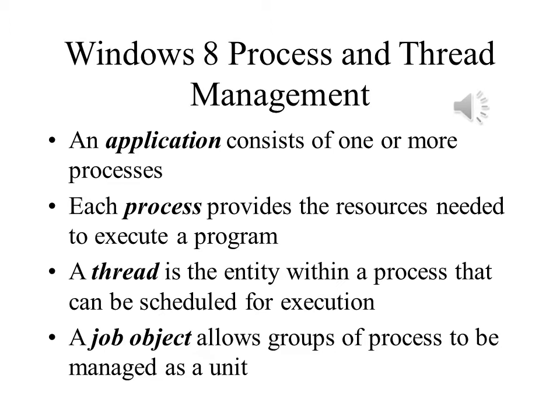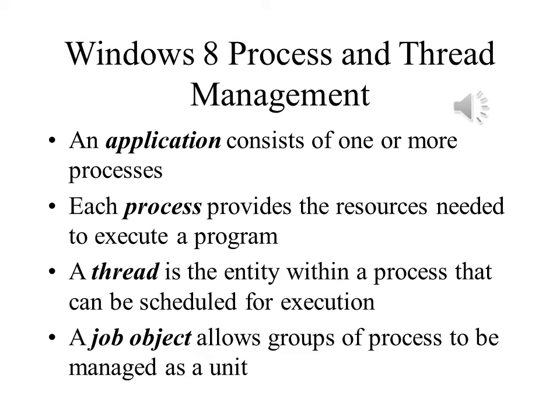Each process is started with a single thread, often called the primary thread, but can create additional threads from any of the threads. A thread is the entity within a process that can be scheduled for execution. All threads of a process share its virtual address space and system resources.